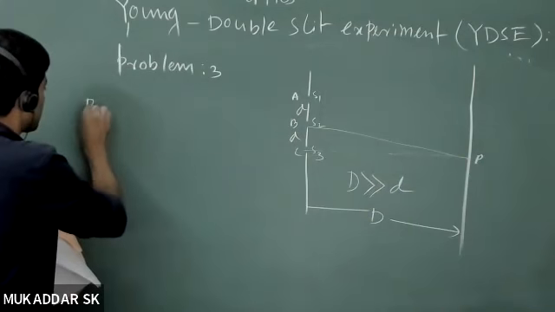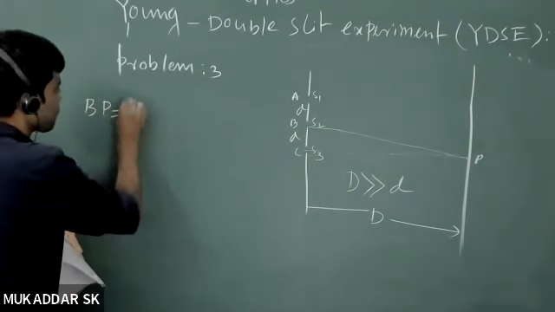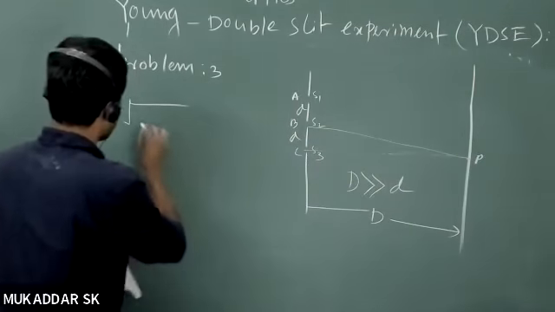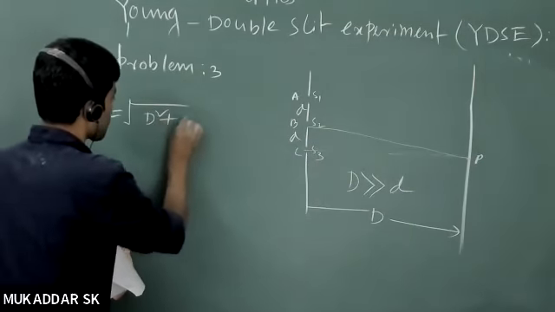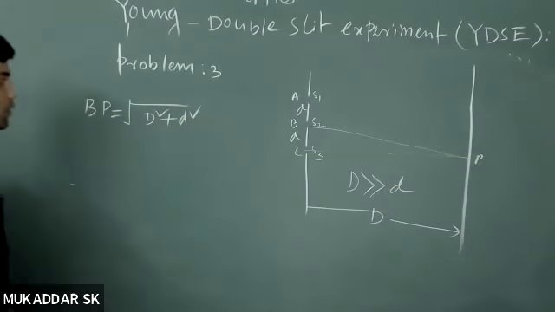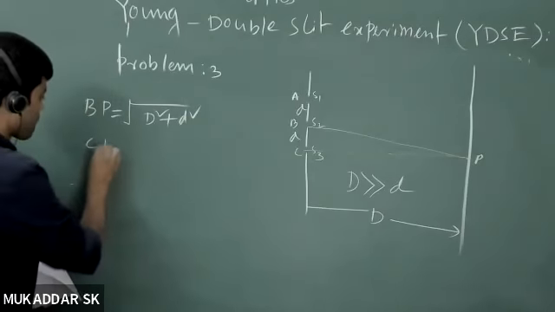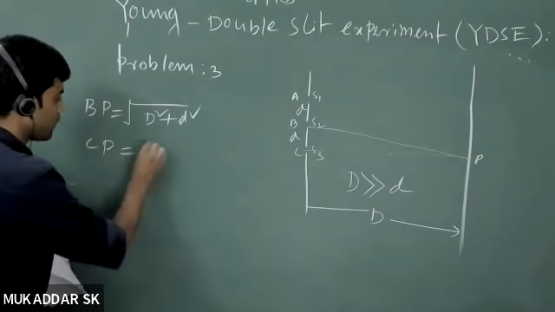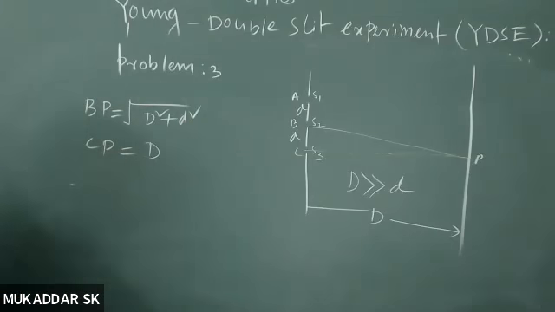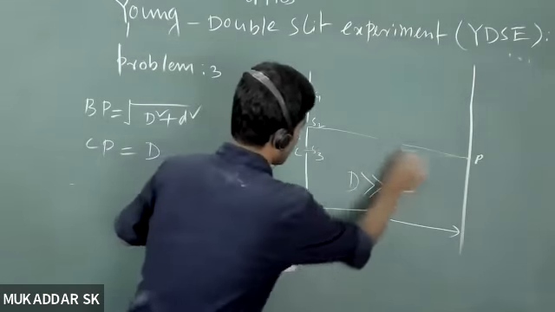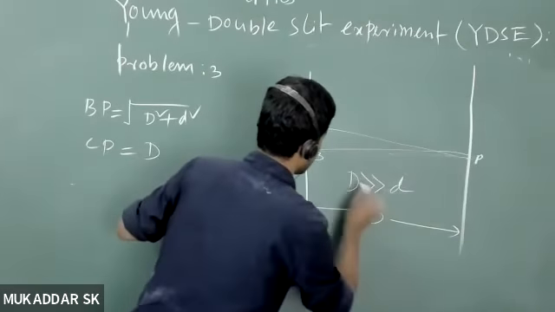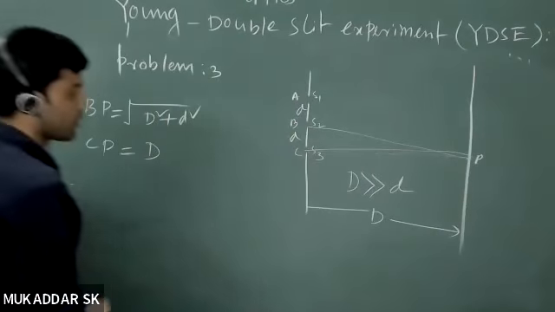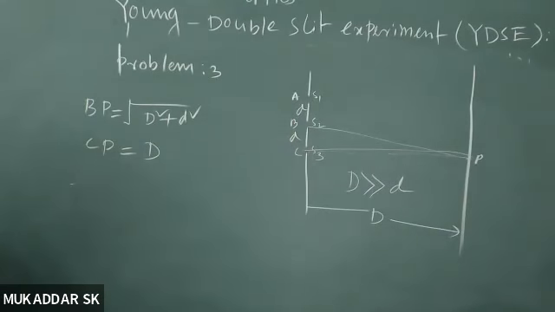So BP will be basically capital D square plus small d square, under root, right? And CP will be how much? Just it will be capital D, right? CP कितना है? सेम वर्टिकल लाइन पे है, तो यही डिस्टेंस है ना? कितना है वो आपका? कैपिटल डी है, ठीक है ना?